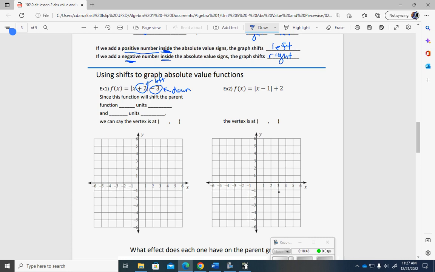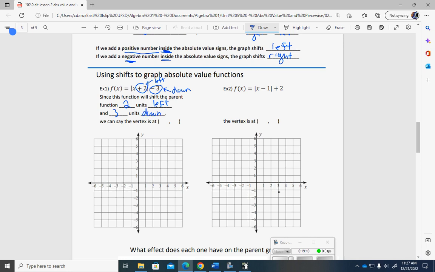When it's on the outside, it shifts the way we would expect, either up or down, but when we add something inside, it shifts right or left, a little strangely. So this will shift the parent function 2 units left and 3 units down.